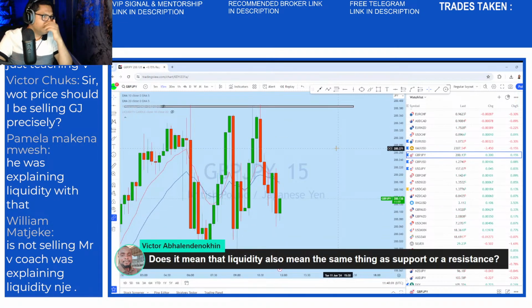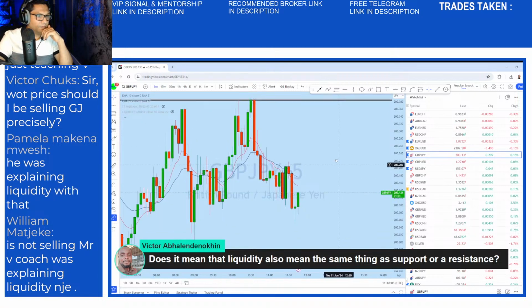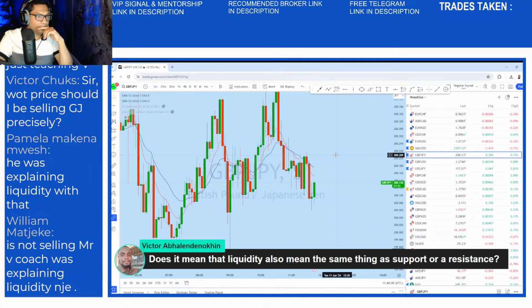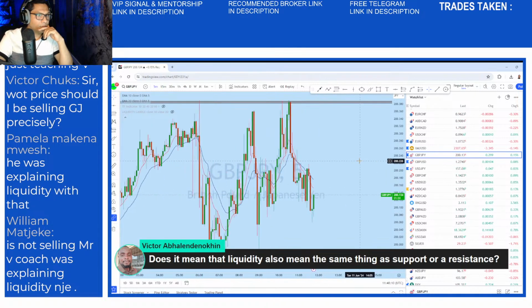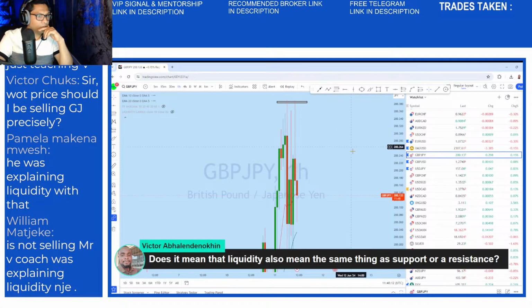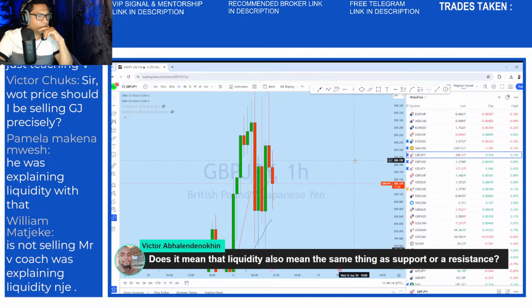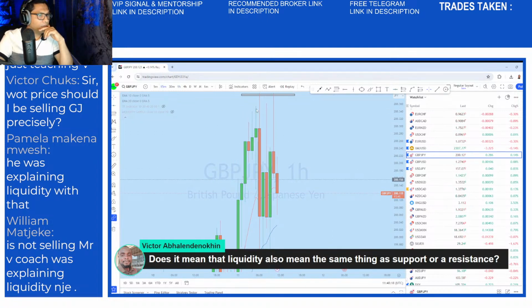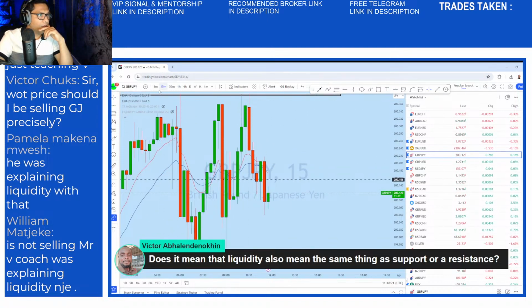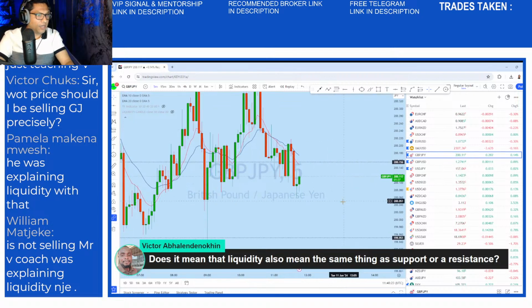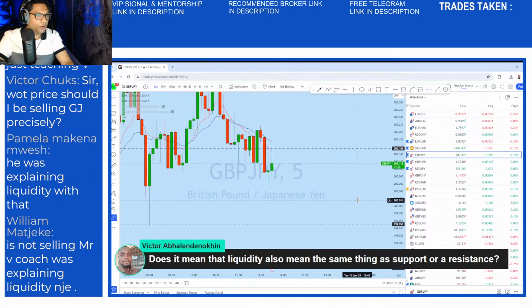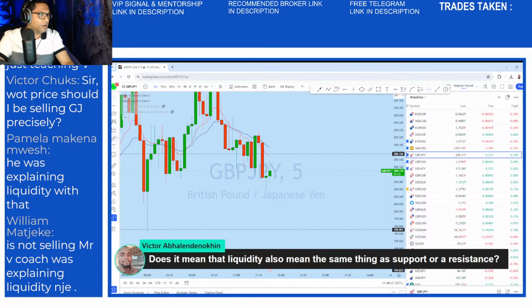It's bouncing up, which eventually might lead that price to the 1 hour resistance. Okay, so I think GJ might drop to that support. So what we will do here on GBP JPY will be going short.